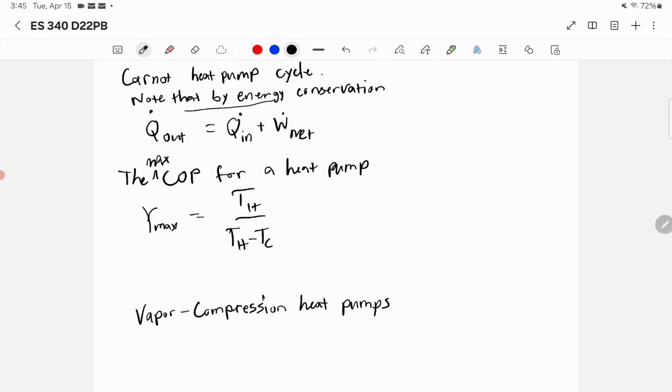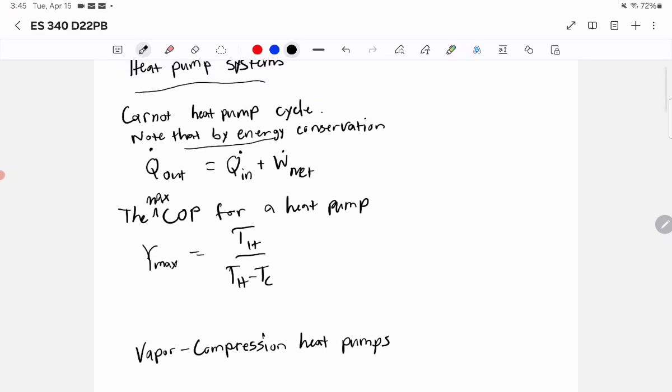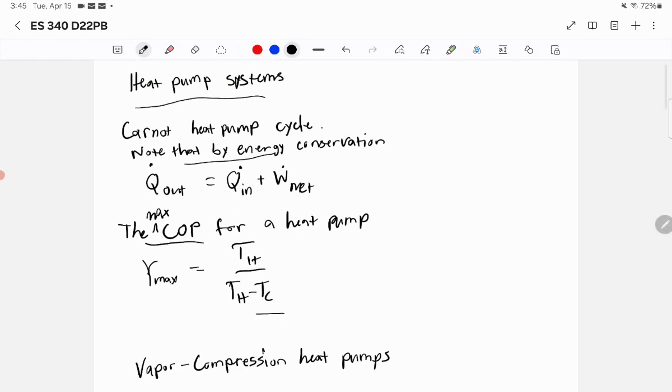And the maximum coefficient of performance for a heat pump, this is something that we've seen before, but we'll just reiterate, is gamma max equal to the temperature of the hot reservoir divided by the temperature of the hot reservoir minus the temperature of the cold reservoir.